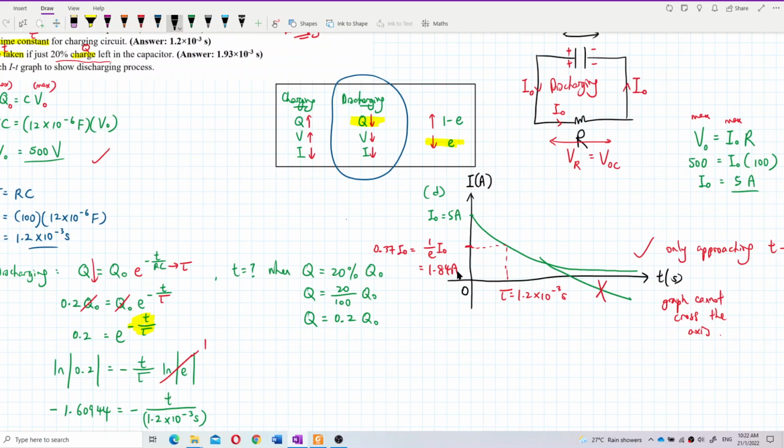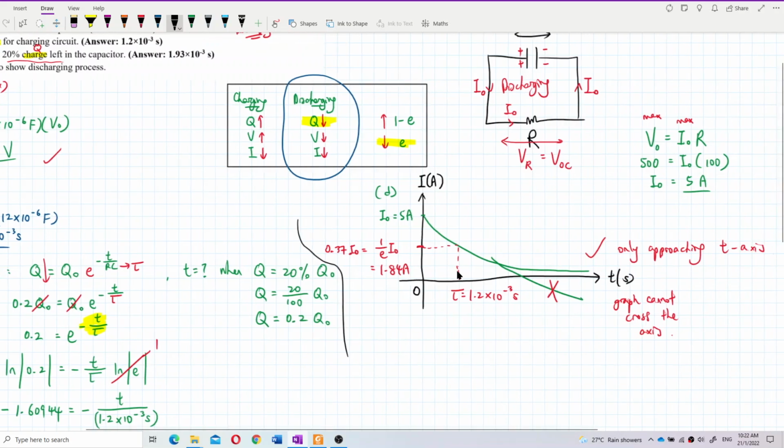Is it correct? 0.37 times 5 is 1.85 or 1.84. You can also write 0.37 as 1 over e of the initial, or maximum, current. You should understand this.